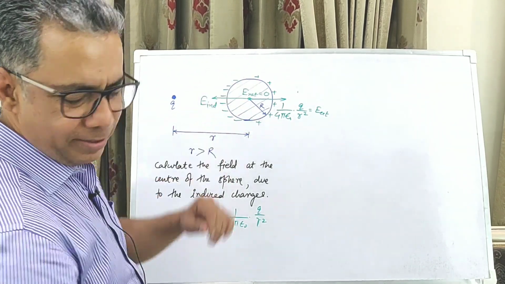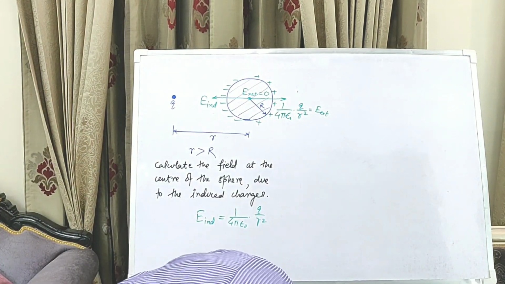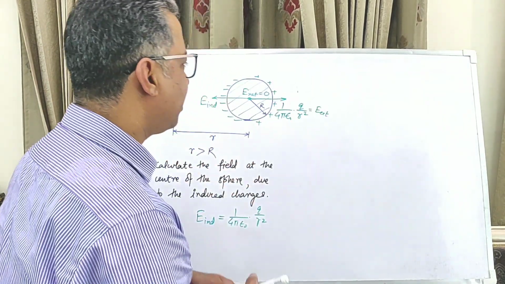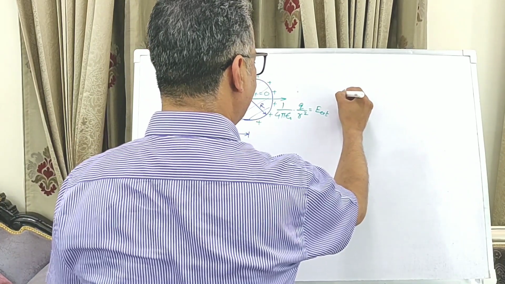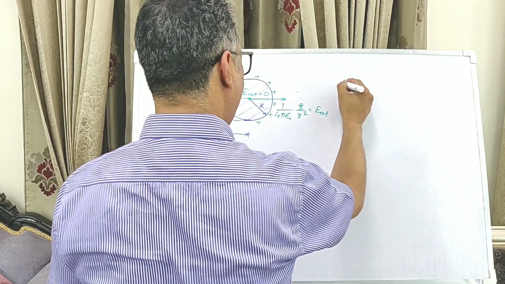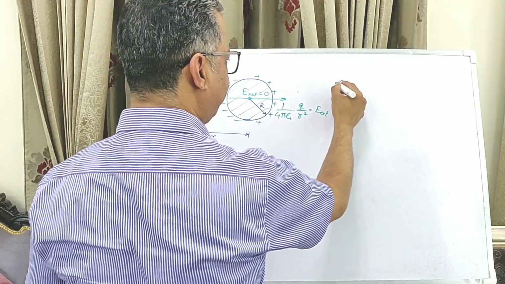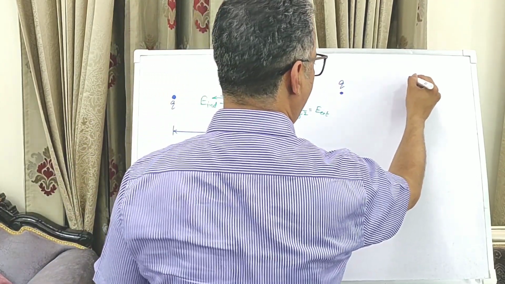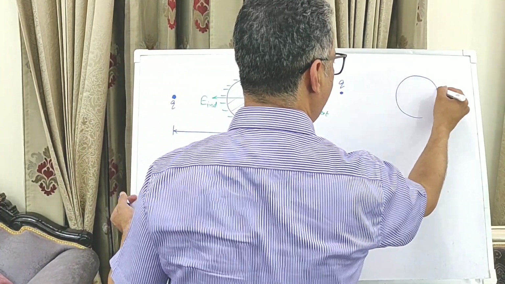So that's a very simple problem, just a warm-up problem for this class. I'll modify it. Let's make a small change here and have a somewhat more interesting problem. Suppose this time we have the same charge Q at the same distance.